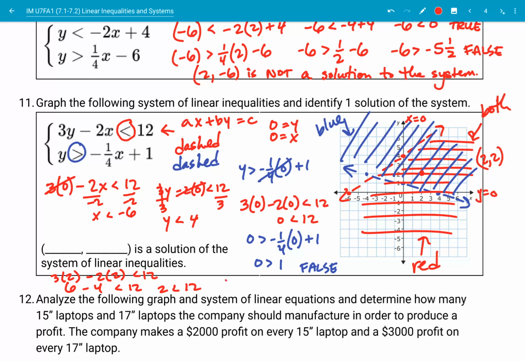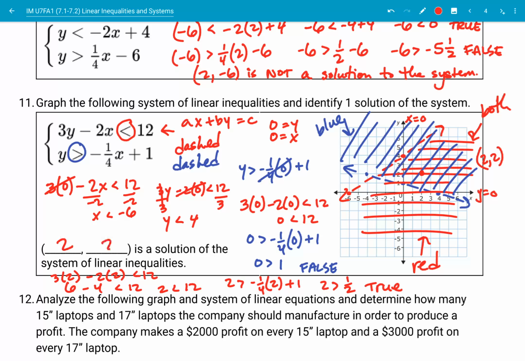We could check the other one. 2 is greater than negative 1/4 of 2 plus 1. Negative 1/4 of 2 is negative 1/2, plus 1 is 1/2. 2 is greater than 1/2. That is also true. So yes, our point 2, 2, we have verified both graphically and algebraically.